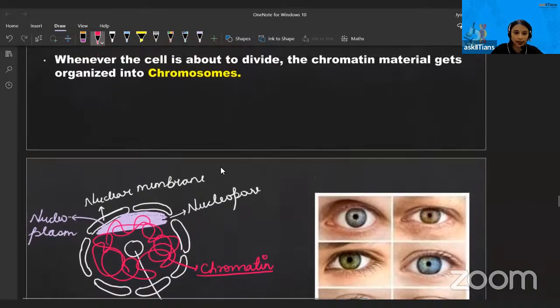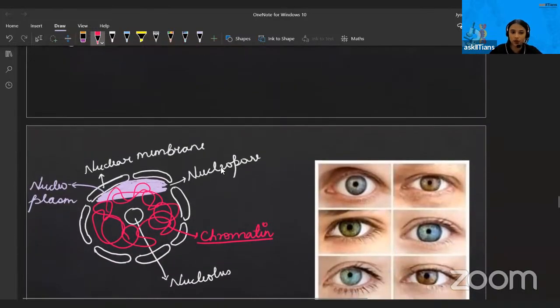So this is the structure of our nucleus. The nucleus is surrounded by two membranes, outer and inner membrane, right? And the membrane is interrupted by the minute pore that we know as the nucleopore, and it allows the exchange of the material between the nucleus and the cytoplasm. And in the center, you will see a region.